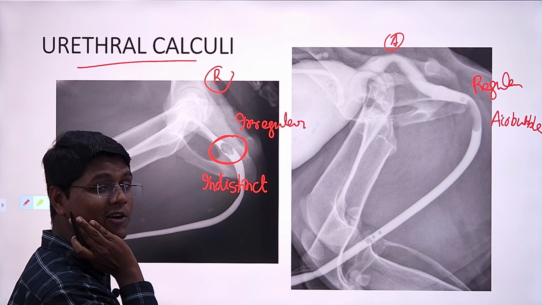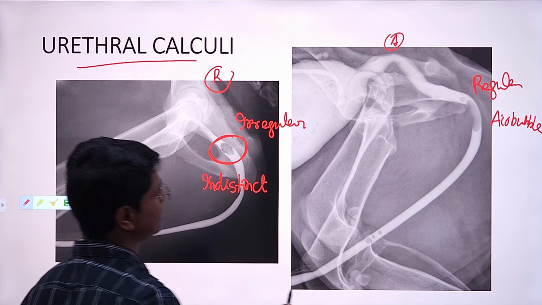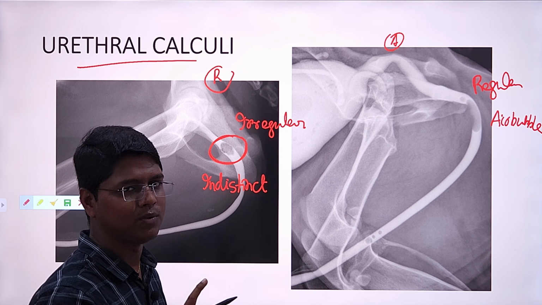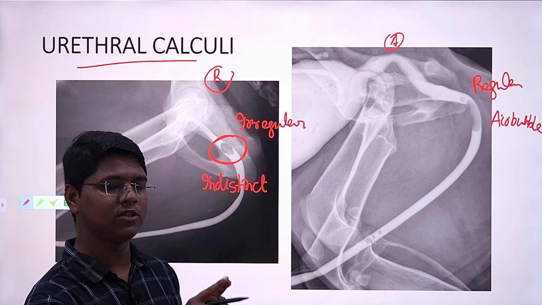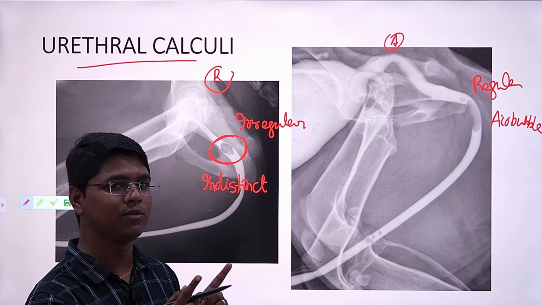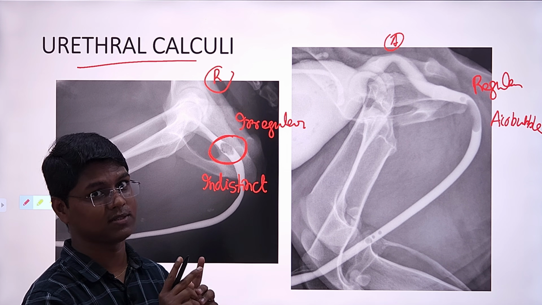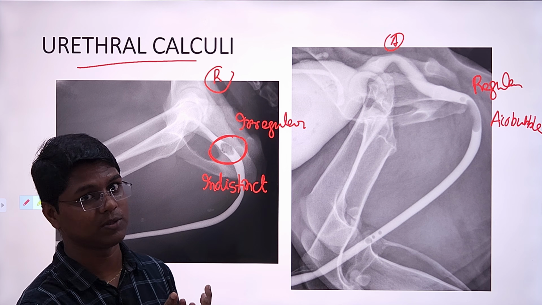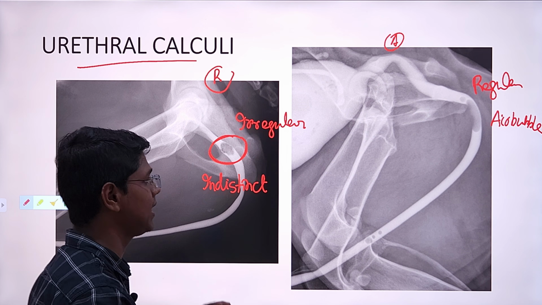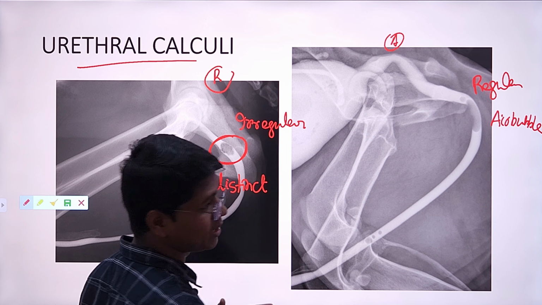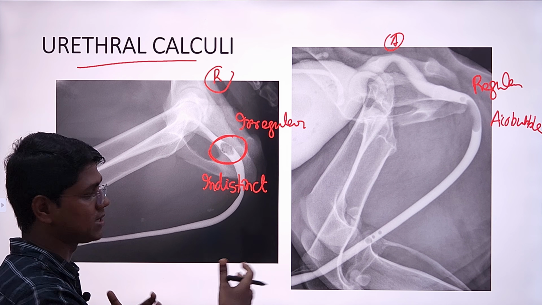In case of a blood clot, it is irregular as well as indistinct. Another difference is that when there is a urolith, you will find it in the normal survey radiograph, but blood clots are not visualized. By that also you can differentiate between a blood clot and a urolith when you do the survey as well as the contrast.